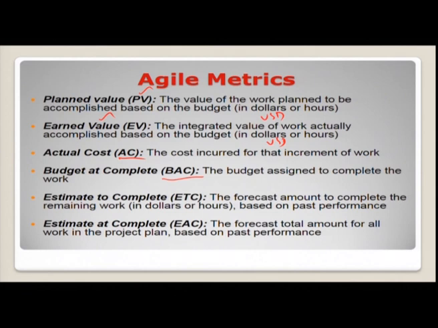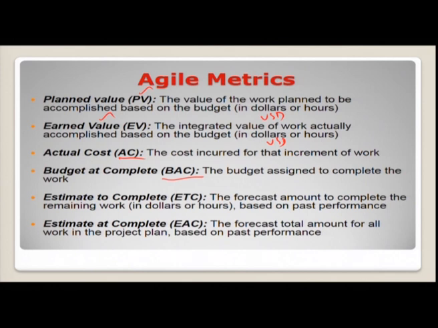This might take this much cost, and the client will give you the amount only if you could show him certain features, certain small releases, or else he will not give. So the budget at complete denotes the budget assigned to complete the work.